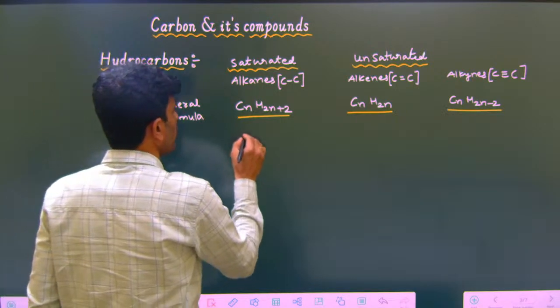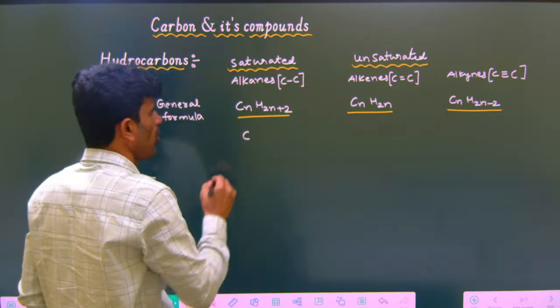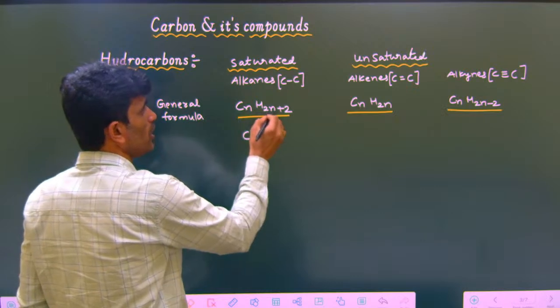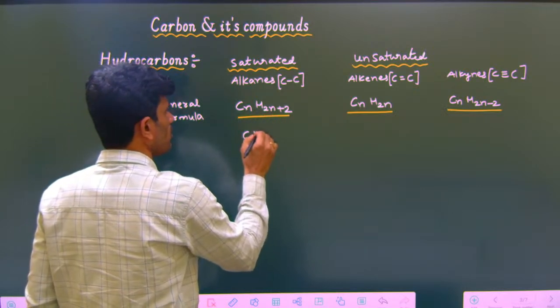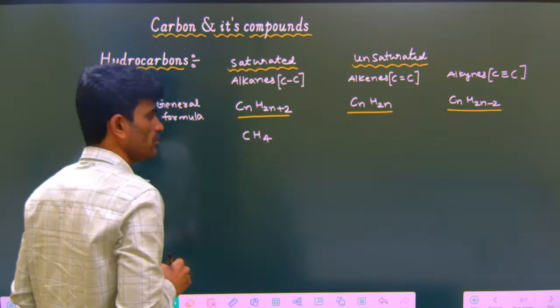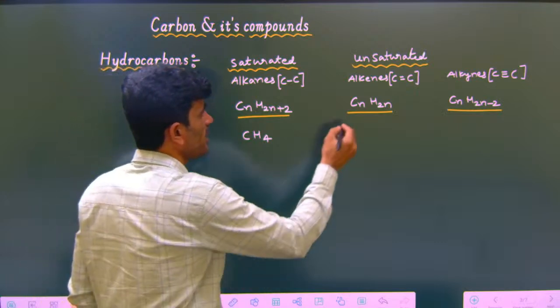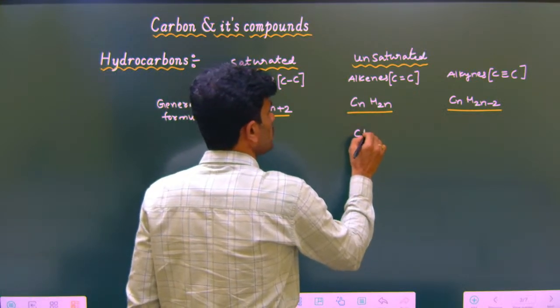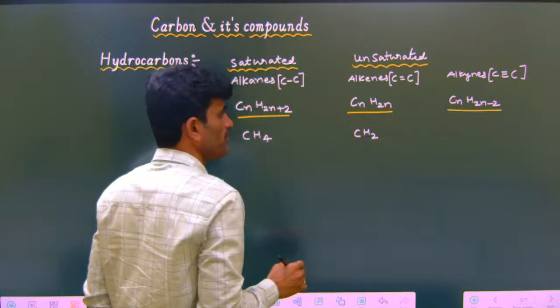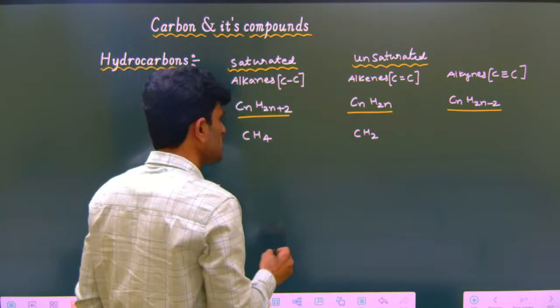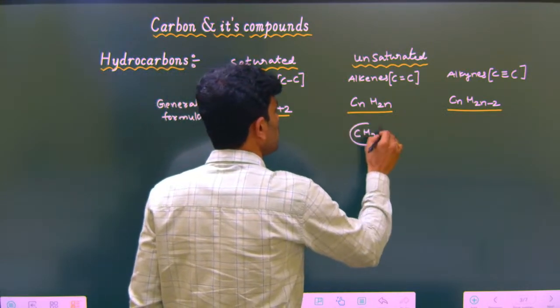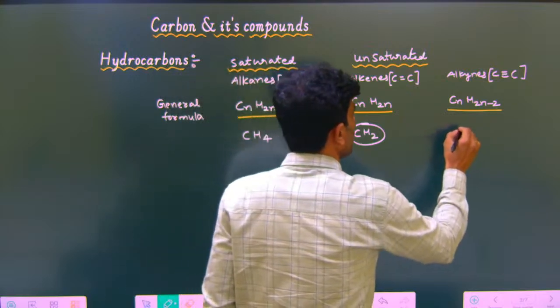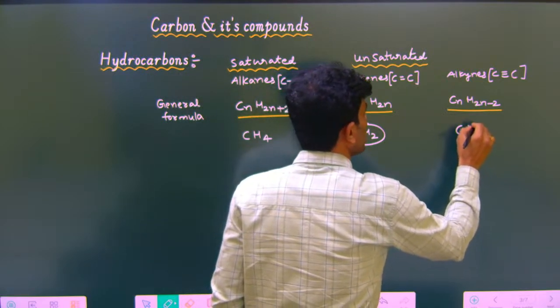If you have one carbon atom, how many hydrogens should be there? 2 into 1 is 2, 2 plus 2, 4. CH4. Then can we write it in the same way for alkenes? If C1, CH2 will come. Is it possible? It is not possible in alkenes and alkynes also.